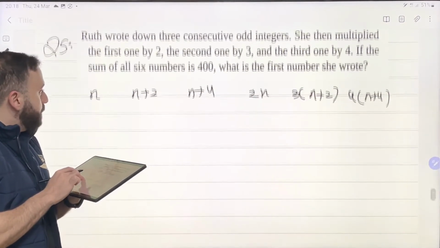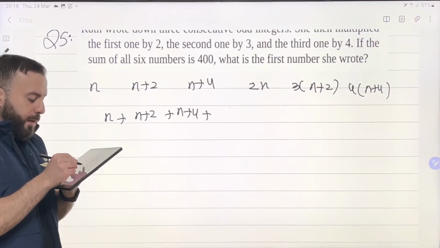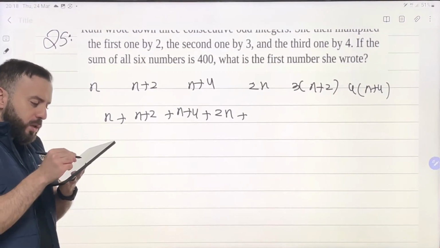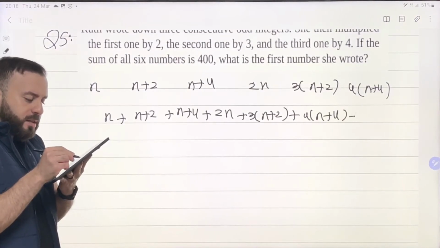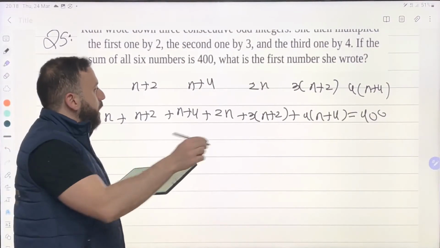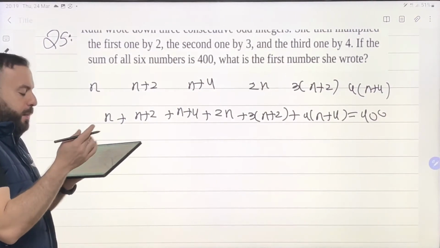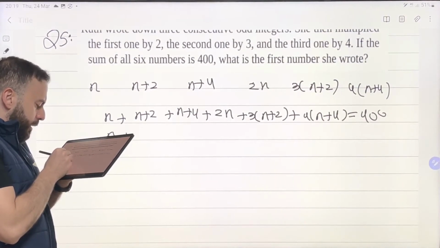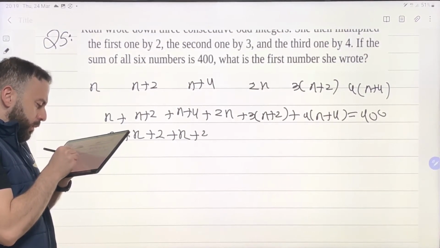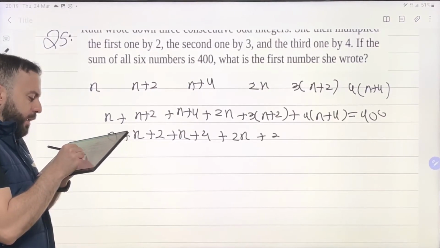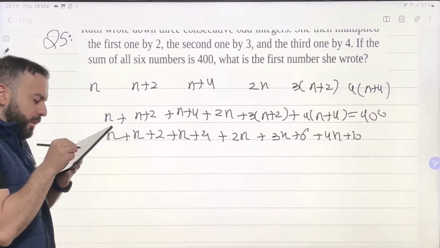So that's going to be, check the steps, n, plus the second number, n plus 2, plus the third number, n plus 4, plus the fourth number, which is 2n, plus the fifth number, which is 3 times n plus 2, plus the sixth number, which is 4 times n plus 4, equal to 400. Let's expand: n plus n plus 2 plus n plus 4 plus 2n plus 3n plus 6 plus 4n plus 16 is equal to 400.